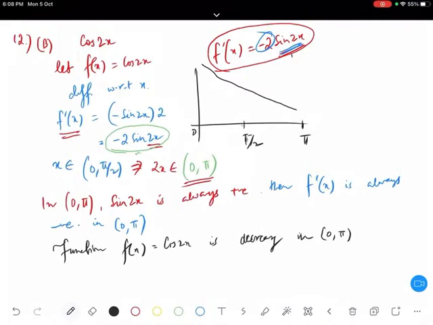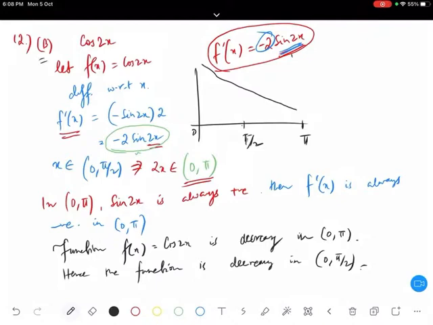Yes, I can say that. So write down, hence the function is decreasing in 0 to pi by 2. So that's my answer. So option number B satisfies the given question.